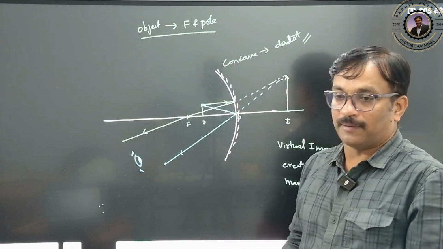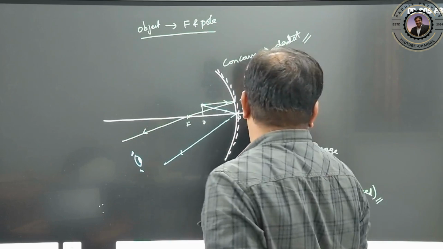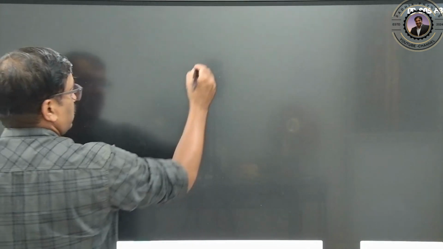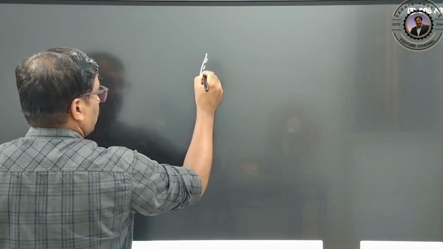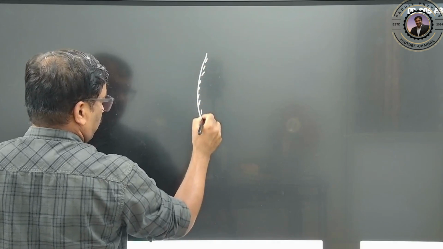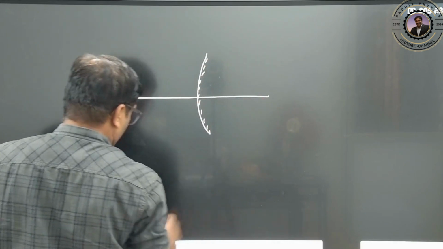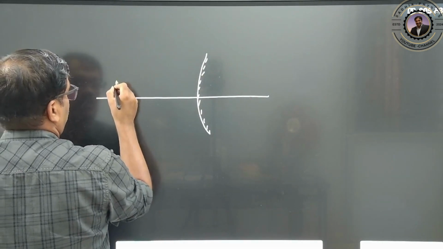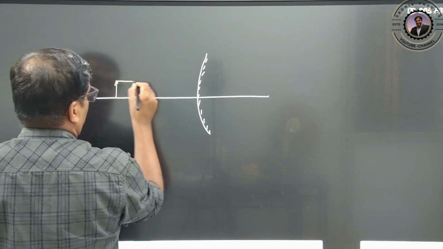Clear? Now for the convex mirror there are not many ray diagrams, only one position. This is your convex mirror, this is your principal axis, and you can keep an object anywhere.